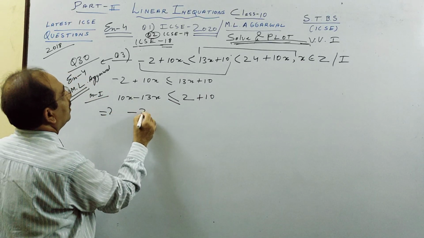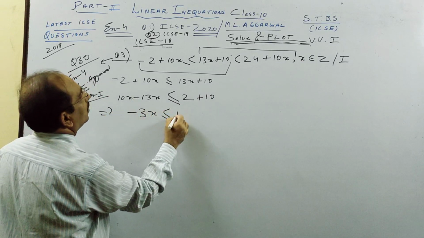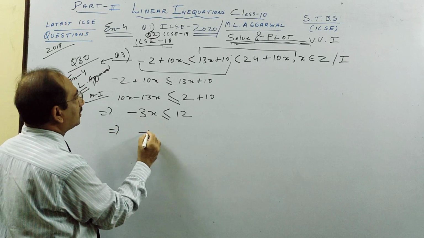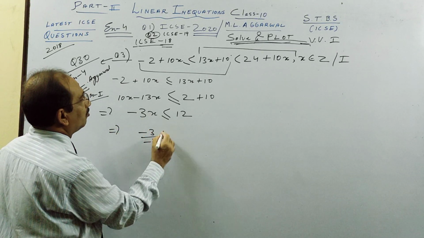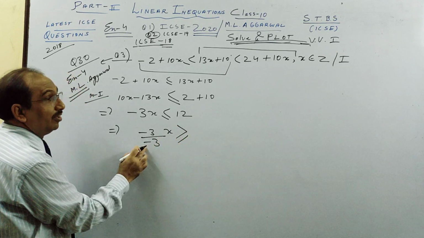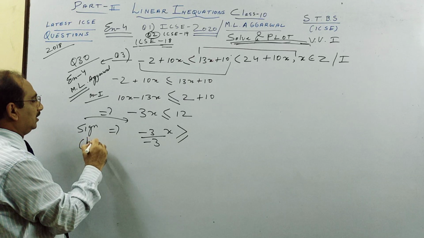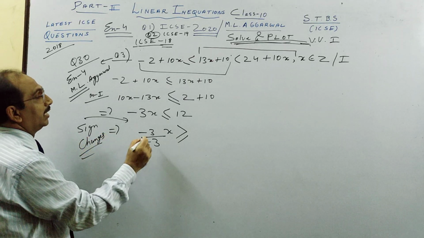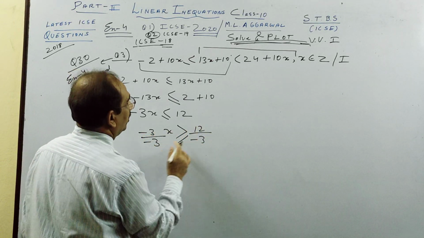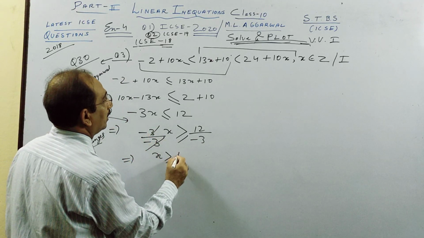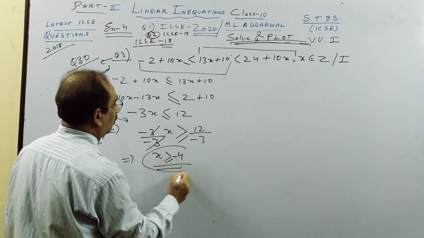This is minus 3x less than or equal to 12. Now when I want to remove minus 3, I will divide by minus 3. The sign will change here because I have divided by minus. When you divide or multiply by minus, the sign changes. X is greater than or equal to minus 4.